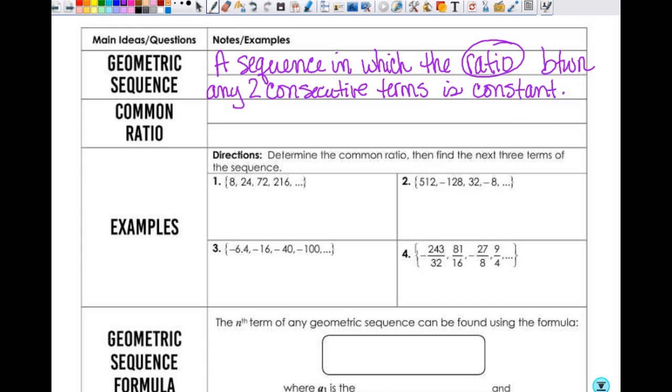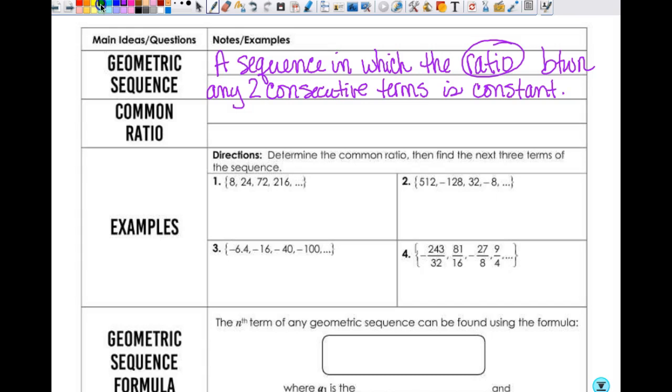So it's a sequence in which the ratio between any two consecutive terms is constant. Yesterday it said difference instead of ratio. Ratio mathematically should make you think of what? Fraction. Okay, so basically you're just setting up a fraction to see if you have a common ratio.